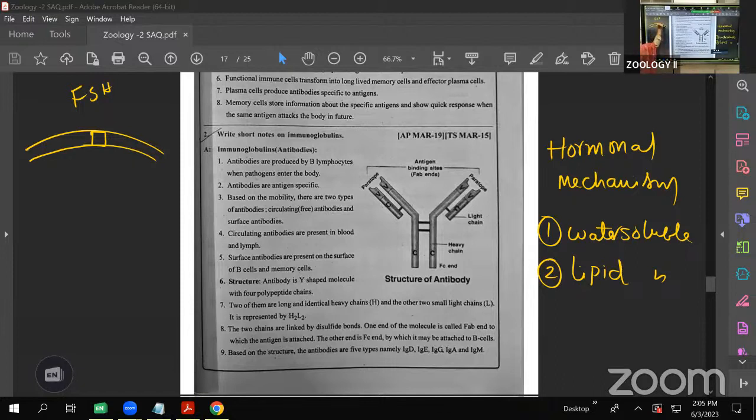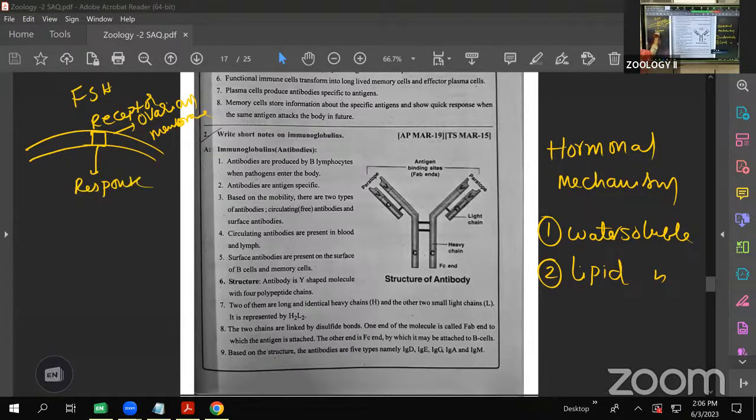Next, for example, this one is the ovarian membrane. The ovaries have the ovarian follicle membrane. How it occurs: here the receptors are there. These receptors take the hormone and give the response.